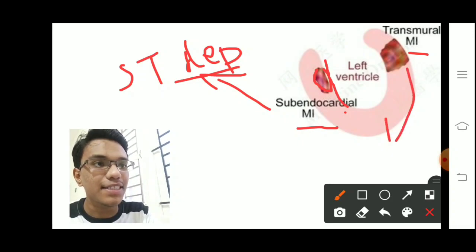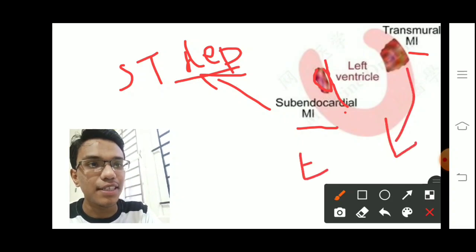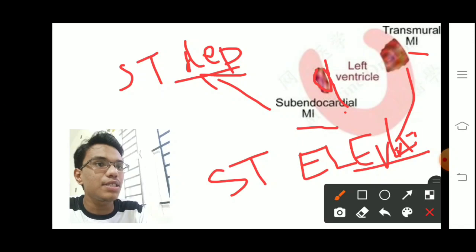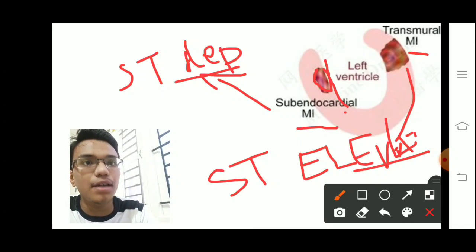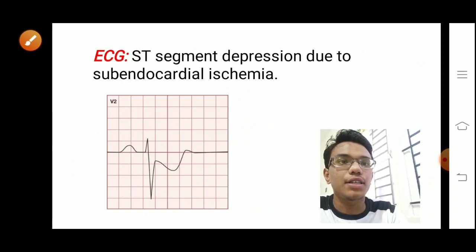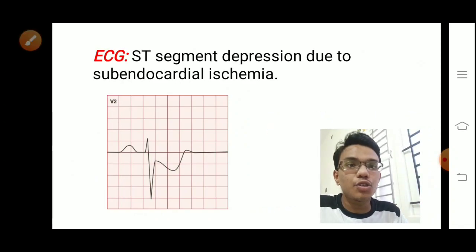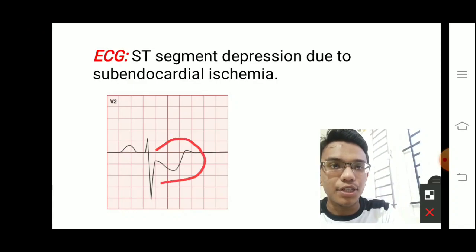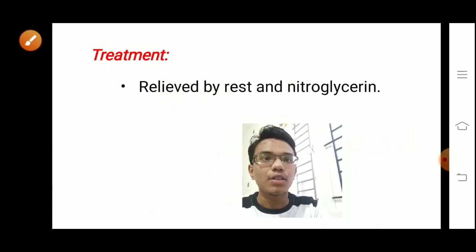It will be ST segment elevation. That's the difference. If the ischemia involves transmurally, ST segment elevation will be seen in ECG, whereas in subendocardial ischemia, ST segment depression will occur. So that's why if subendocardial ischemia occurs due to stable angina, there will be ST segment depression. Got it?